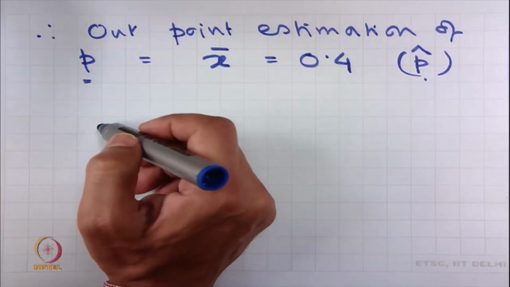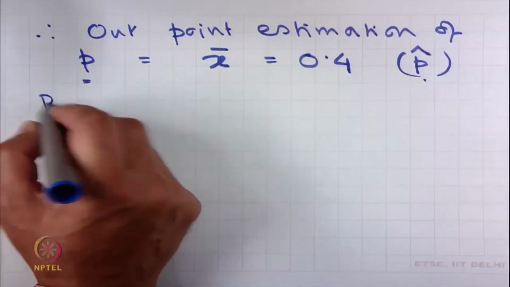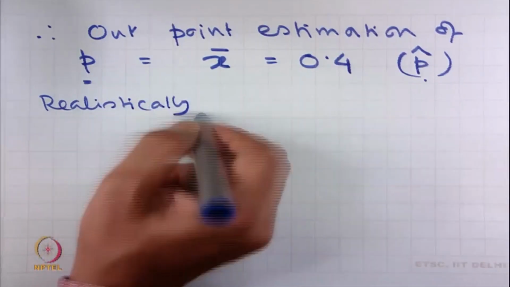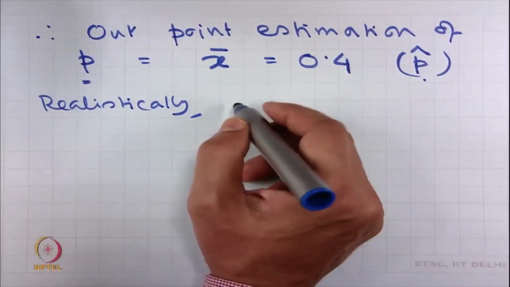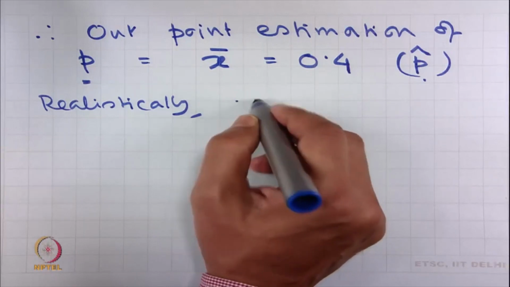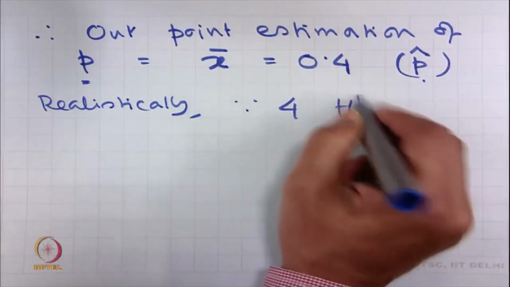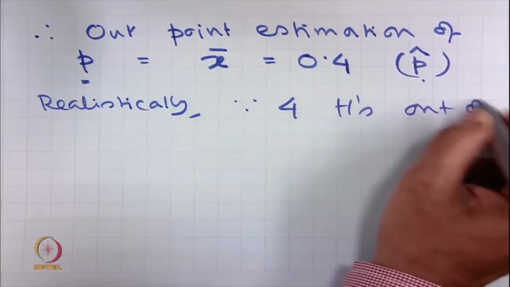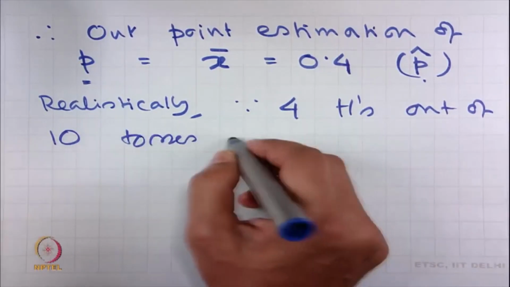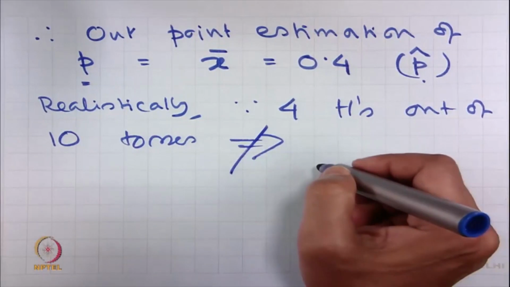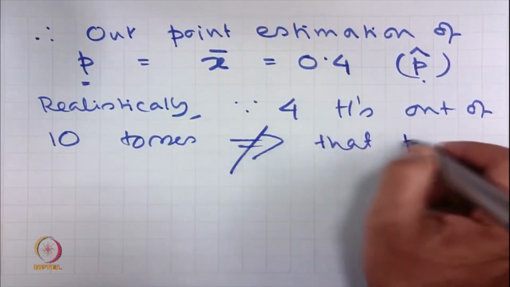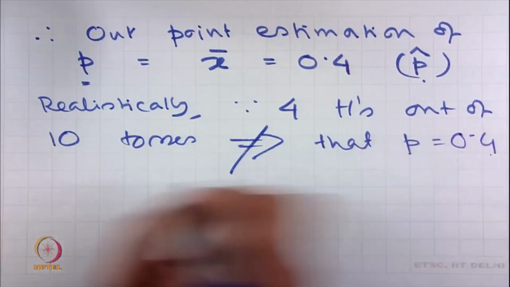But if we think realistically, just because we got 4 heads out of 10 tosses does not imply that p is equal to 0.4.